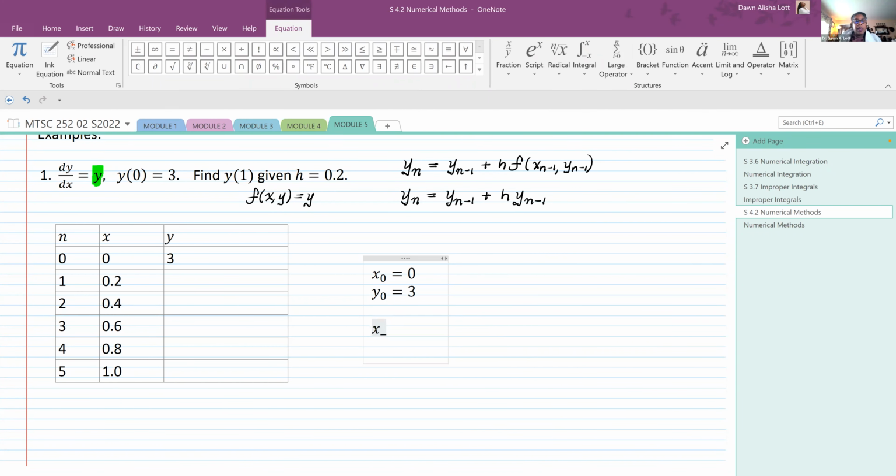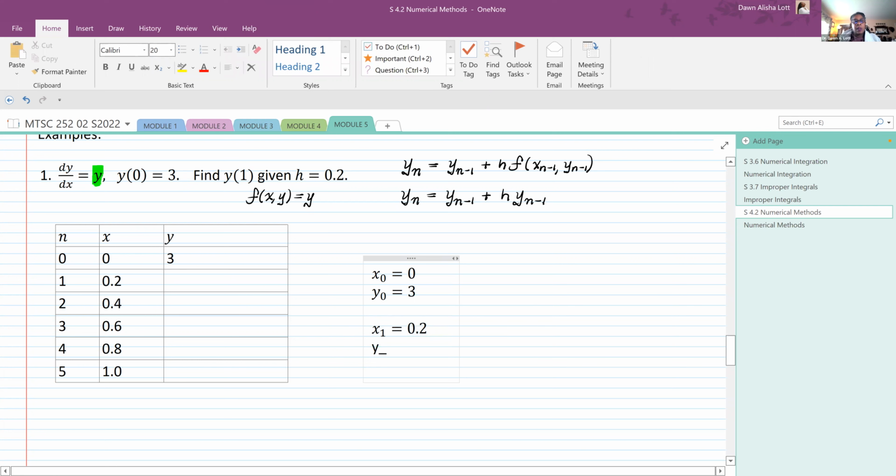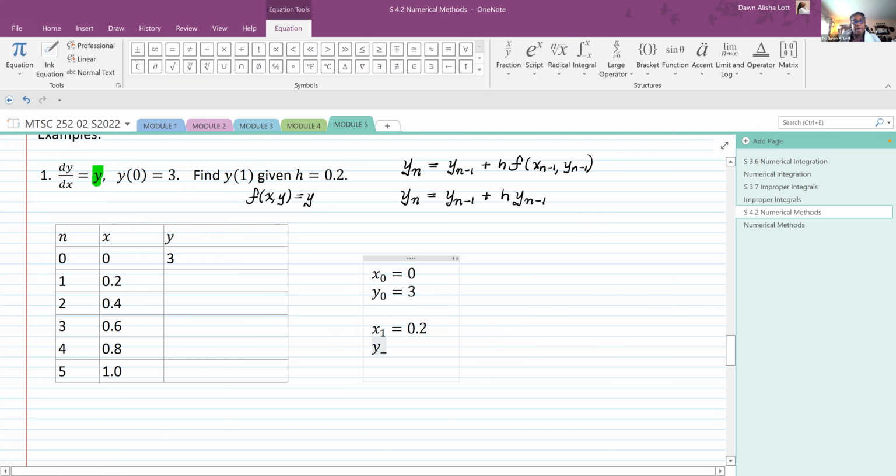x1 is equal to 0.2. y1, well, we know that's going to be y0 plus h times y0. All righty.